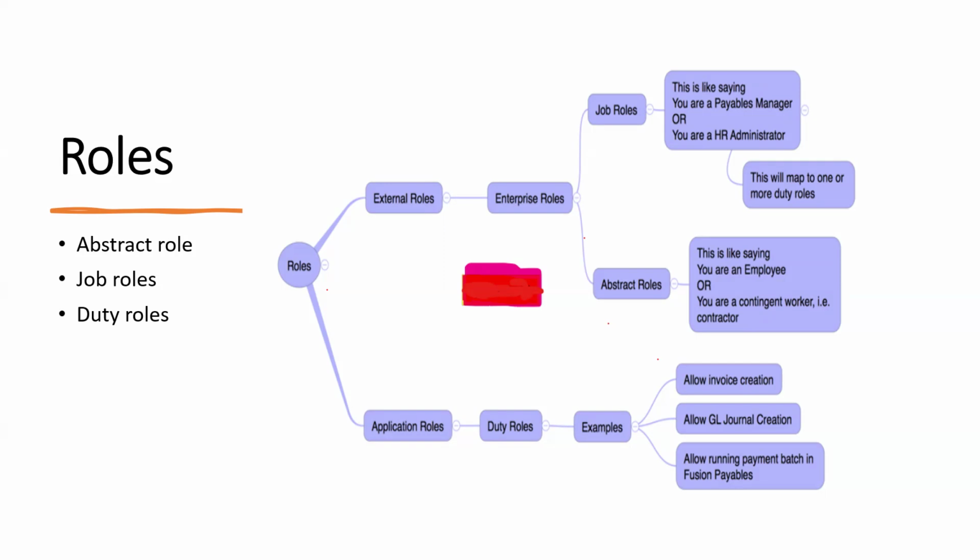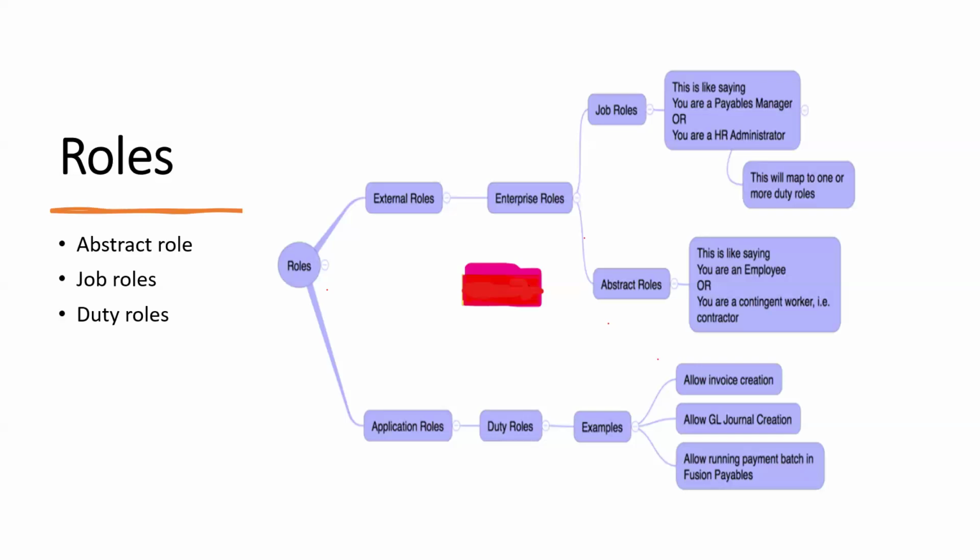Enterprise role means, since you are an employee in an organization, you will get one position, your designation. You can be an L1 employee, L2, L3. So that is your position. You may be a process associate, a software engineer, senior software engineer, a lead, project manager, or a director. Those designations are called a job role.